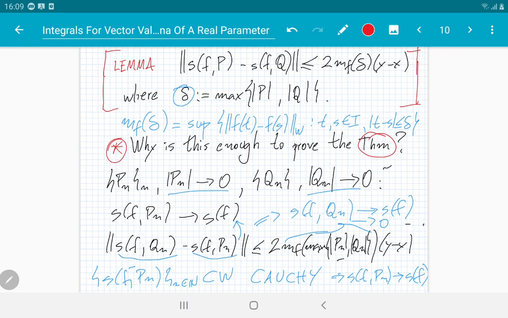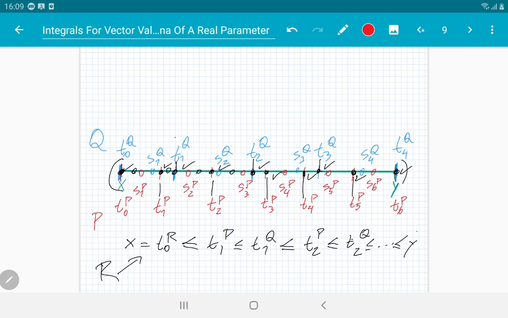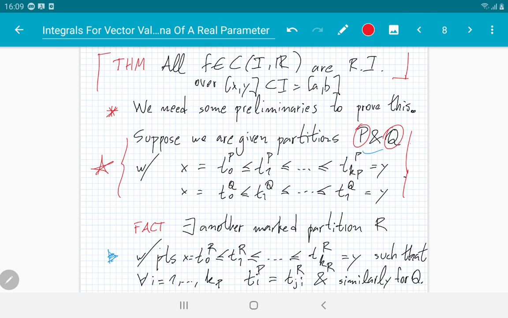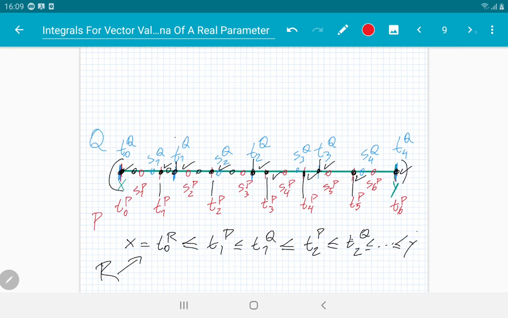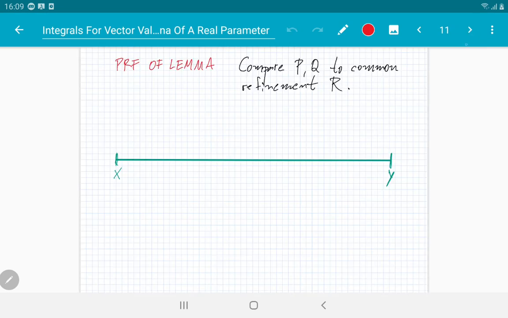But now, what's the key step? The key step is that we're not going to try to compare the Riemann sums for P and Q directly. That would be very complicated. What we're going to do is compare P and Q to the common refinement R. So the proof will be to compare each one of P and Q to the common refinement R.